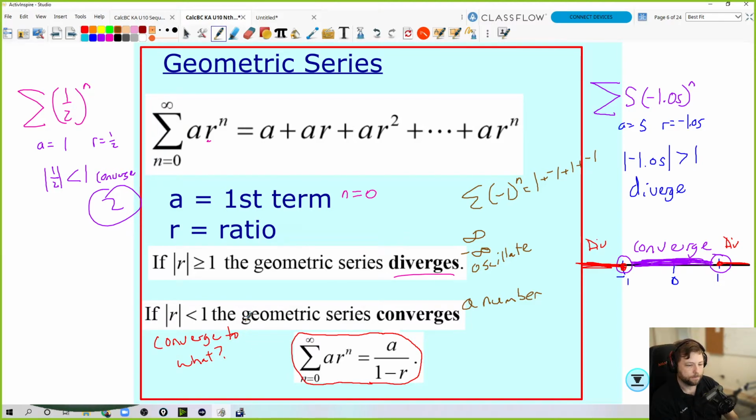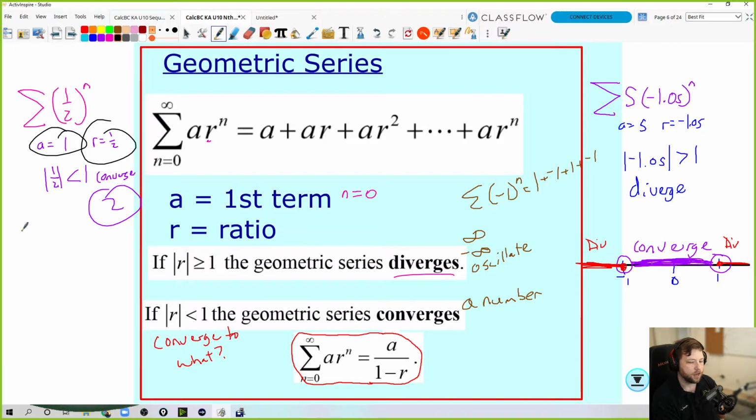All right. So let's go back to the problem right here. I want to say, does it converge or diverge? I said it converged. I did the math with a table to prove it was 2, but let's say I followed this formula. My a in this case is 1 and the ratio is 1/2.